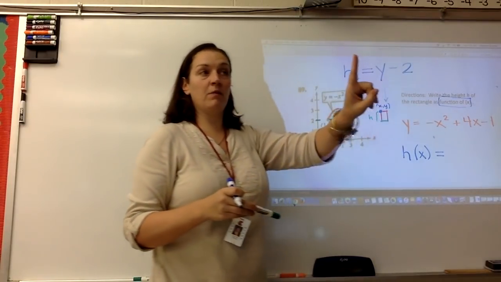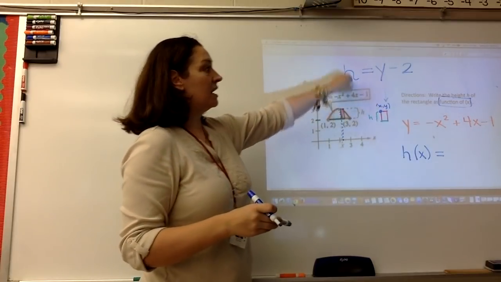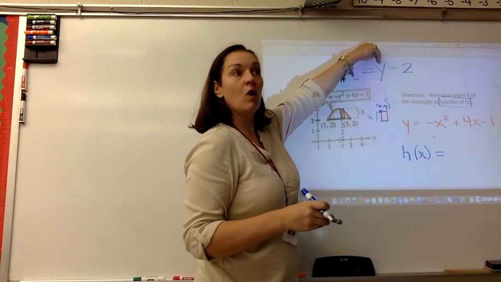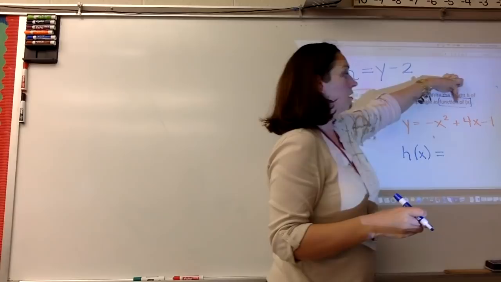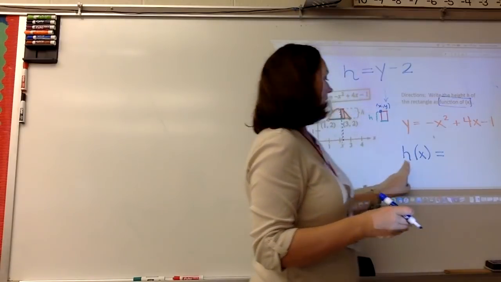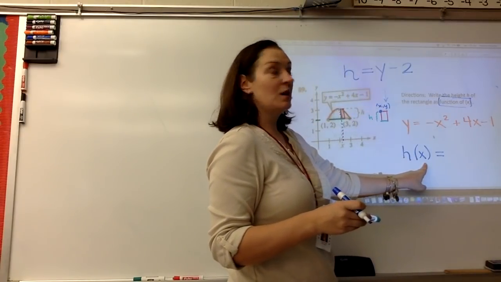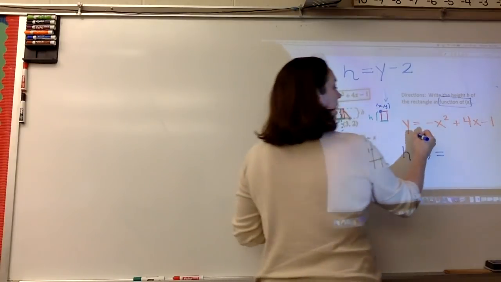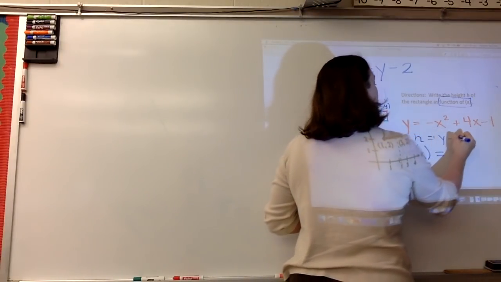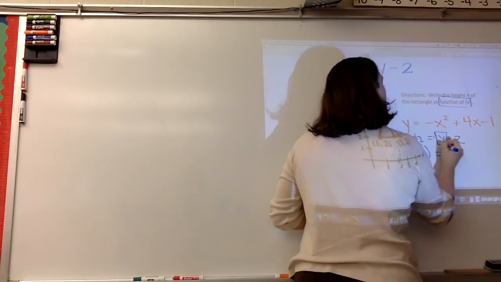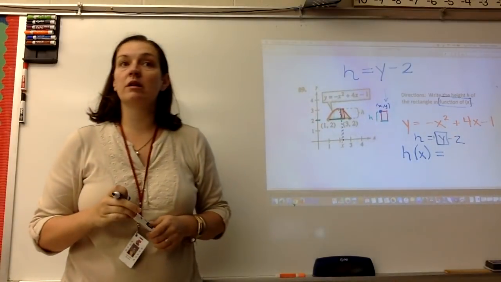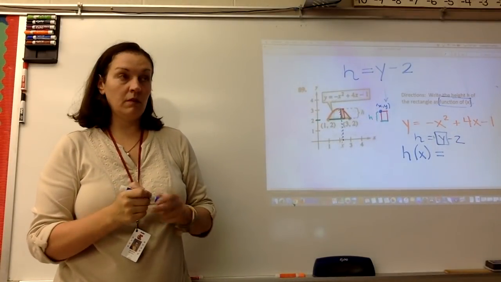There's only one problem with that. What is height in terms of? Y. I want it as a function of x. I want height as a function of x. So if I use this and say, okay, well the height is equal to y minus 2, what is y defined as in orange? It says it right above it.